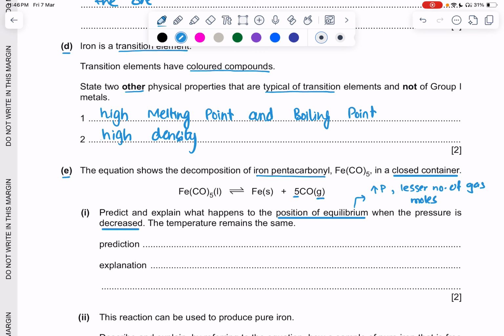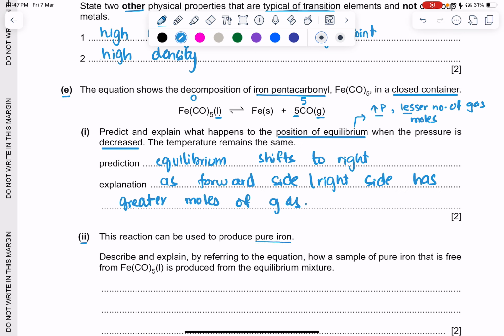Part 2. This reaction can be used to produce pure iron. Describe and explain by referring to the equation how a sample of pure iron that is free from iron pentacarbonyl is produced from the equilibrium mixture. Iron is on the product side and we need to extract the iron. To extract the iron, we have to release the carbon monoxide from the system. If the carbon monoxide is released, the equilibrium will shift towards the right side, so we will get more iron from the system.